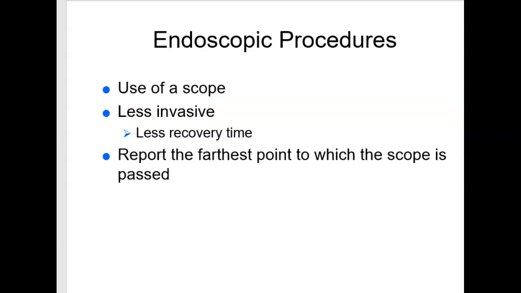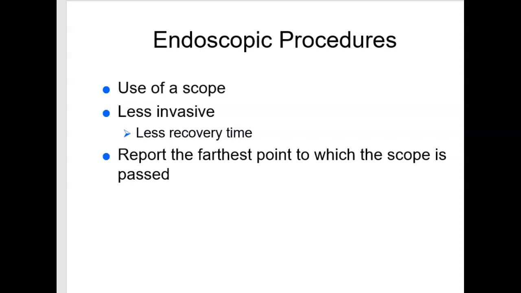The other thing is with a lot of endoscopic procedures, do not unbundle them. When I'm talking about unbundling, let's say we have a diagnostic endoscopy procedure in the respiratory system, and then under that, indented in the CPT book, we have excision or repair of the sinus.